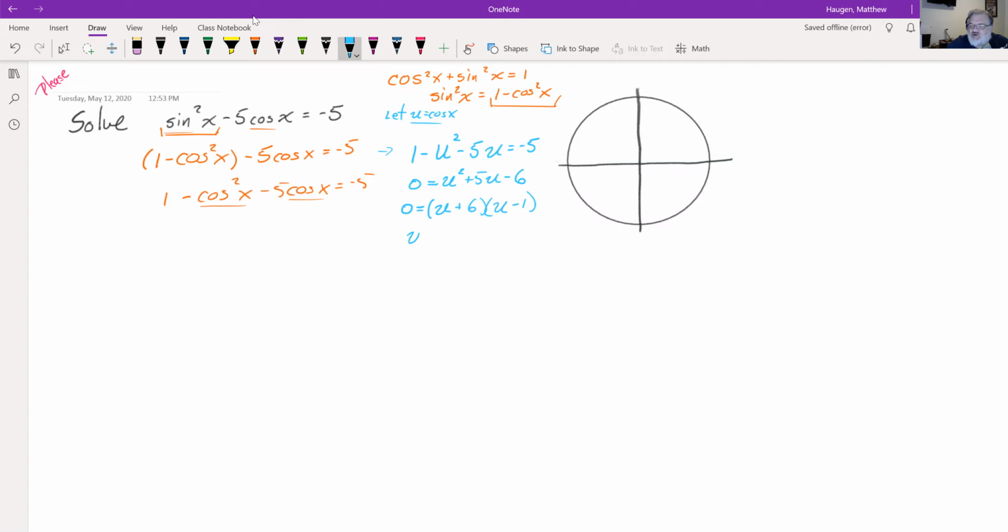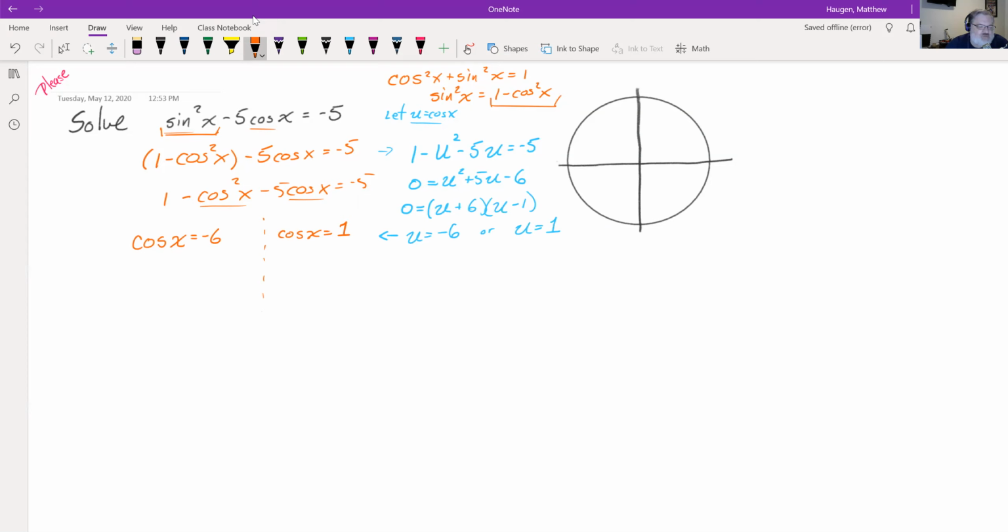So we'll have u is equal to negative 6, or u is equal to 1. So when we undo that substitution and go back to our problem, the u's were cosines, so we're left with cosine x equals negative 6 as one possibility, and cosine x equals 1 as the other possibility.